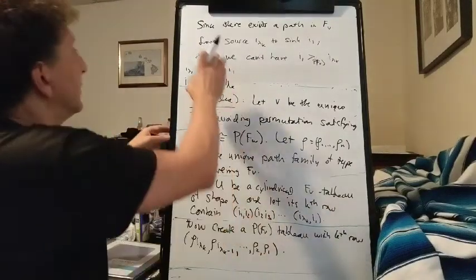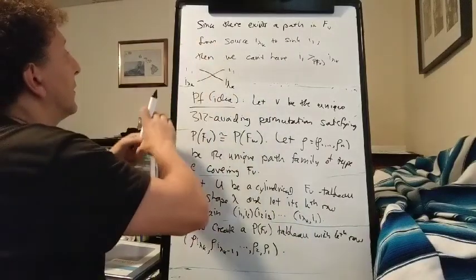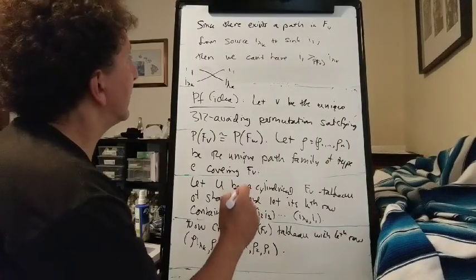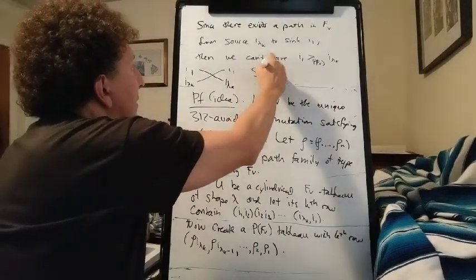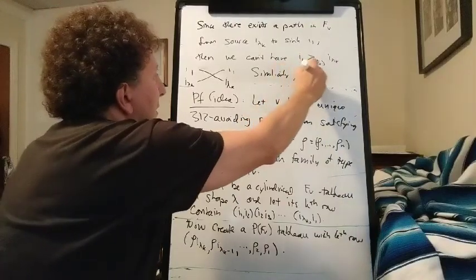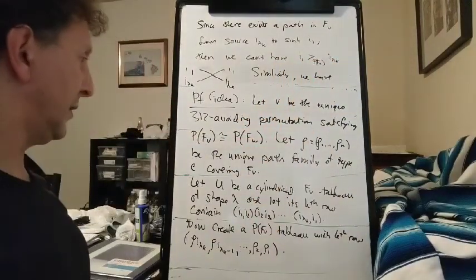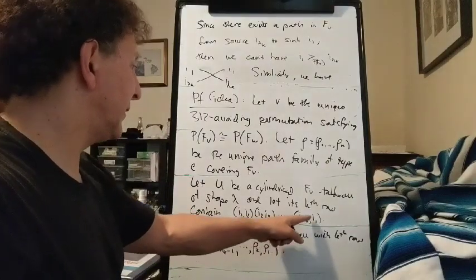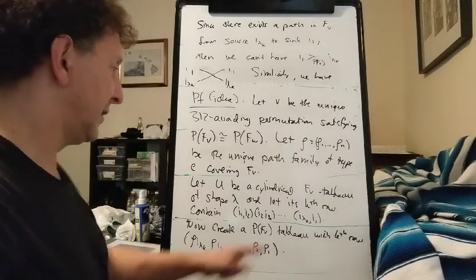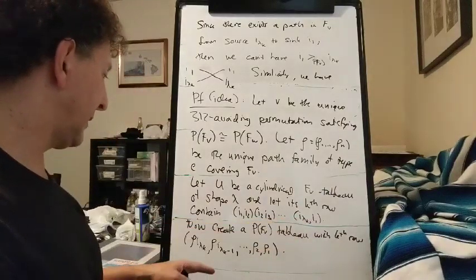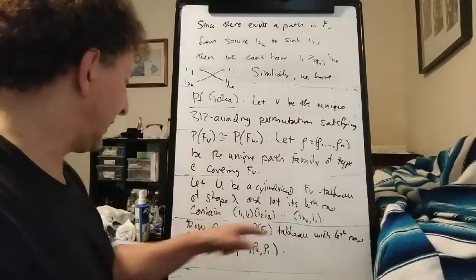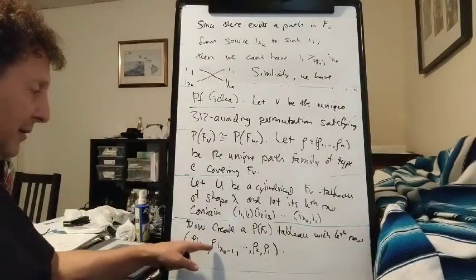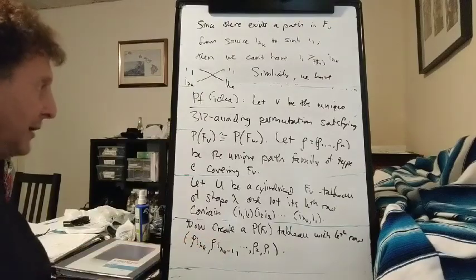So this is not greater than I lambda k, and the path rho I lambda k is not greater than the path rho I lambda k minus 1.